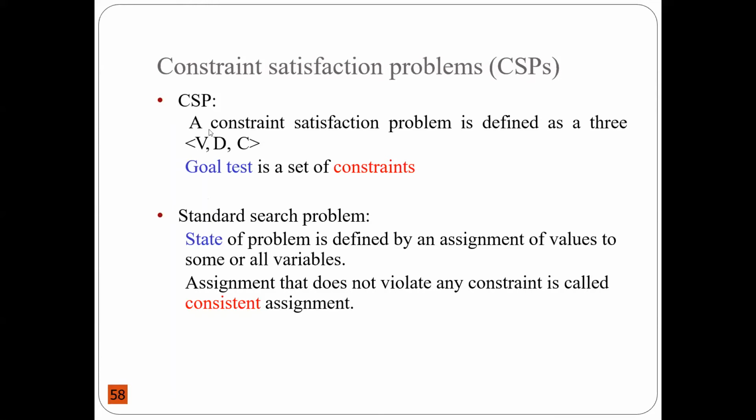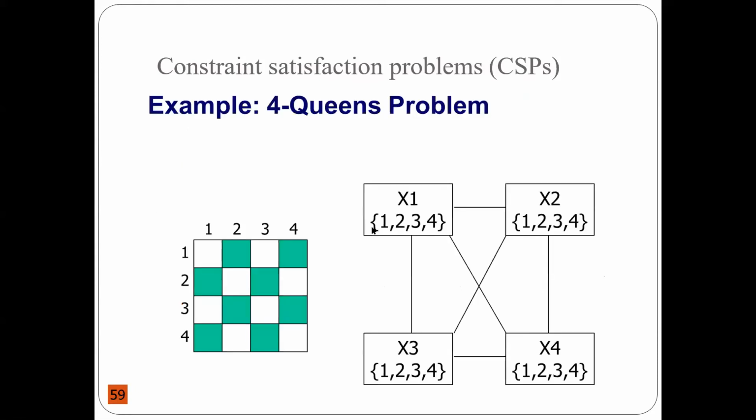So a constraint satisfaction problem is defined as a triple, that is V, D, and C. Next, we'll see an example of a constraint satisfaction problem: the n-queens problem. Here n is 4, so 4 queens are there.